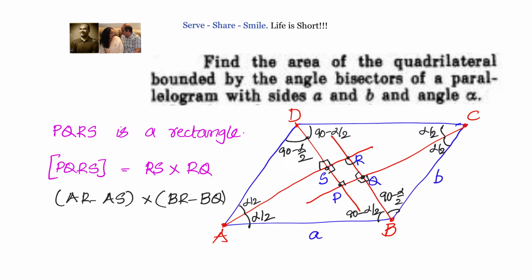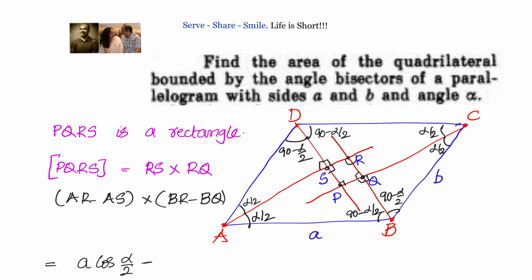Now let us see what AR and AS are. If you take this triangle ABR, what we want to find out is AR. AR is the adjacent side, so cos alpha by 2 will give you AR divided by A. Or can I say AR equals A into cos alpha by 2? So we have A cos alpha by 2 minus AS.